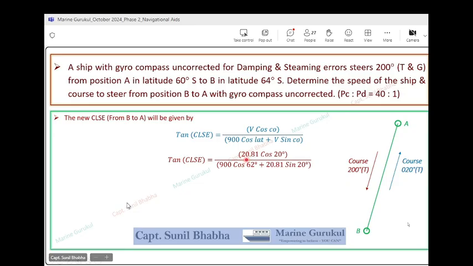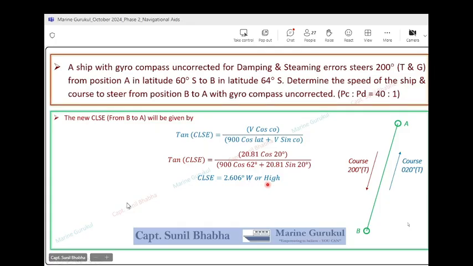Putting the values, the speed we calculated, 20.81, into cos of course, which is 20, over 900 cos of latitude, which is 62 degrees, plus V 20.81 sine of course, which is 20 degrees. Using these values, we get the CLSE as 2.606 degrees west or high.